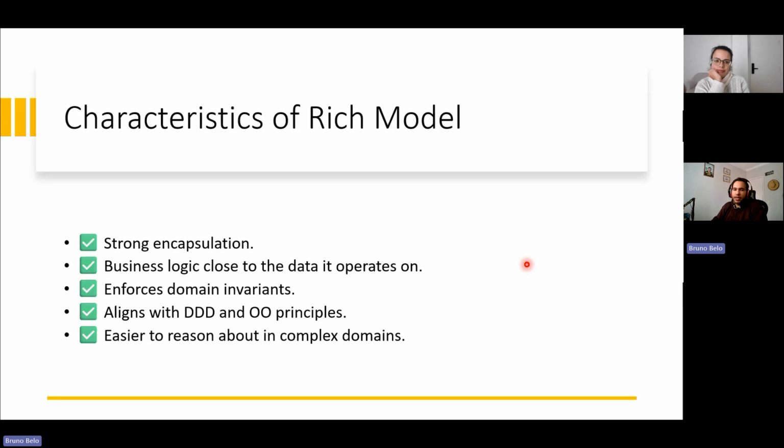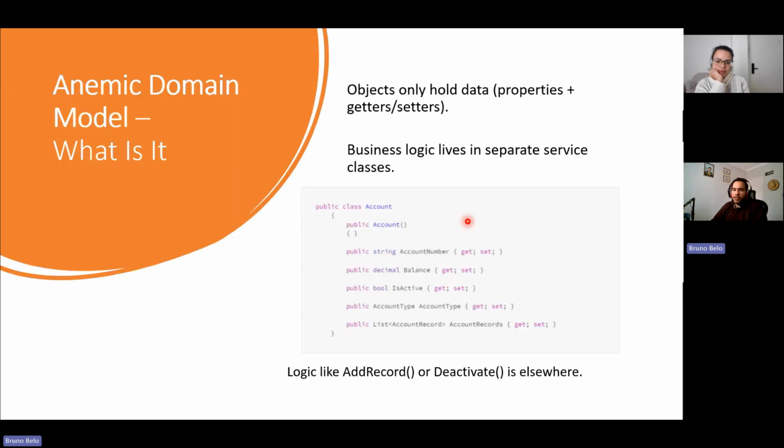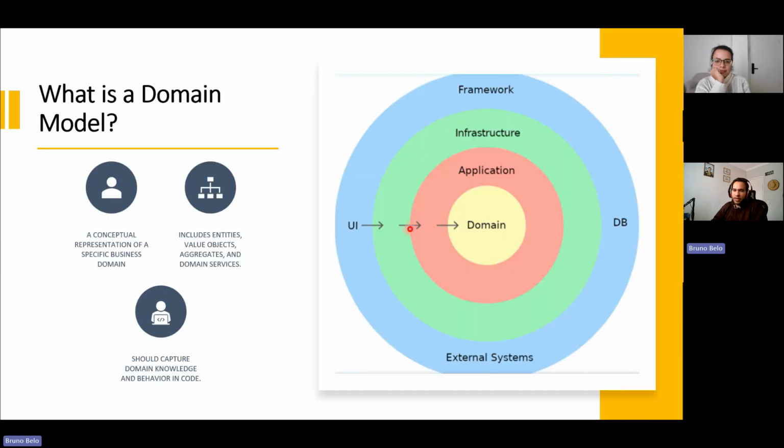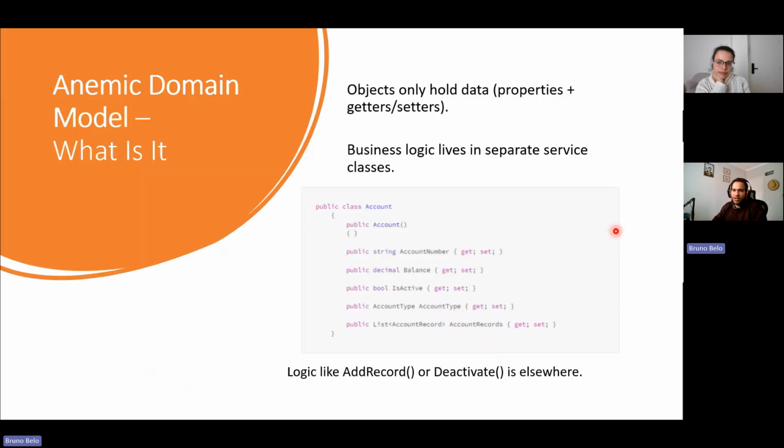So I'm defining my code based on the structure I have in the database. But the database is not the most important part of your application. The database is some outside layer. So you should never define your domain based on the outside layer. It should be the other way around.